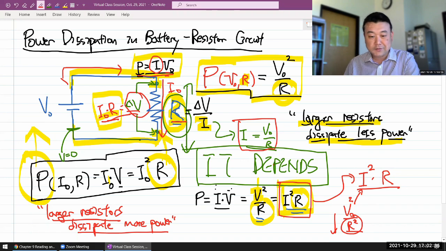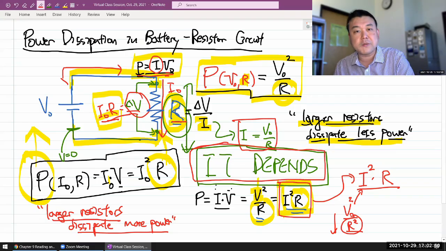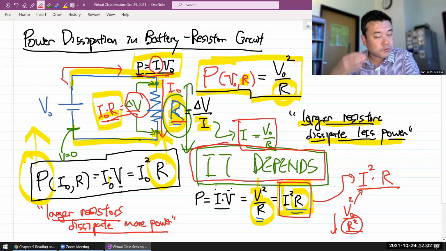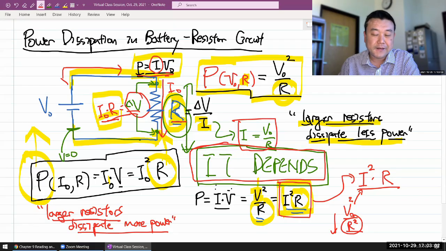So when someone's trying to ask you, how does your power change as you change the resistor? Just watch out, because in the most general terms, the answer is it depends. And for the specific situation that you might be given, you have to carefully think it through. Until you develop some level of intuition, it might even be good to just do a numerical calculation and get it that way.